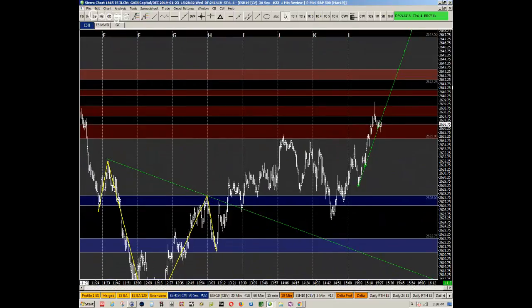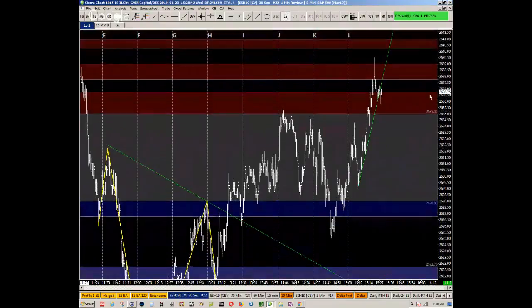So there we go. Here we come back up. It depends on where you have your stop. Well, if you're only going up to here, let's see. It's only, yeah, that's a point. Let me make it bigger. That's a point if you get through. And then you would have risked, let's see.